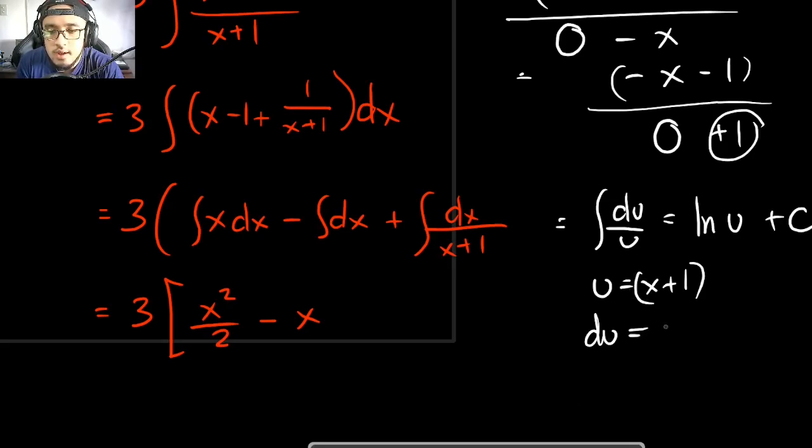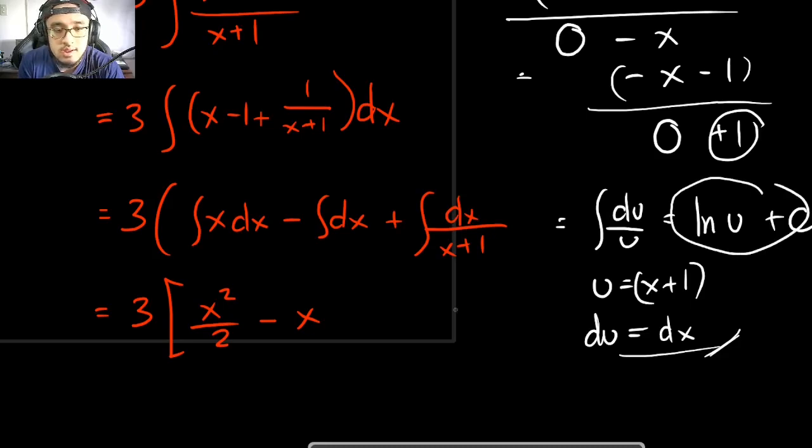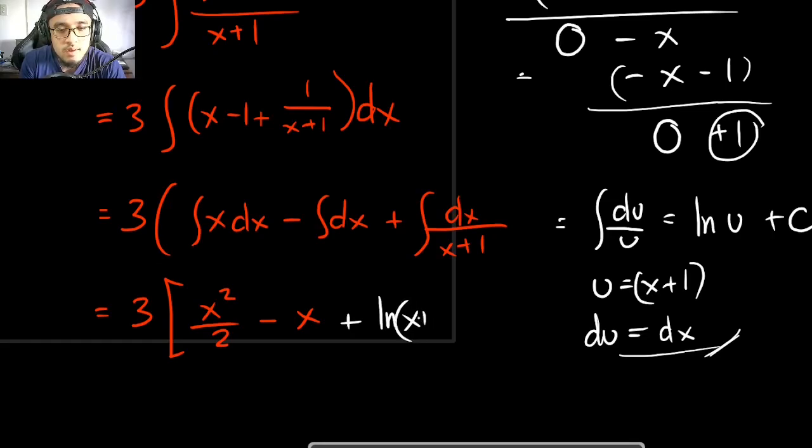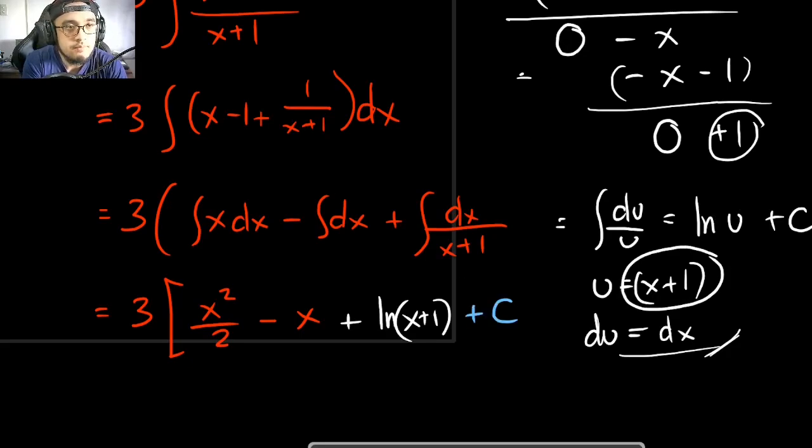That is to be just dx. And as you can see, the derivative of u is just to be this one right here. So we can just use this one instead. So from that, our answer here would be, so positive, the natural logarithm of x plus 1, since x plus 1 is to be our value for u. And don't forget, guys, the arbitrary constant c, so plus c.